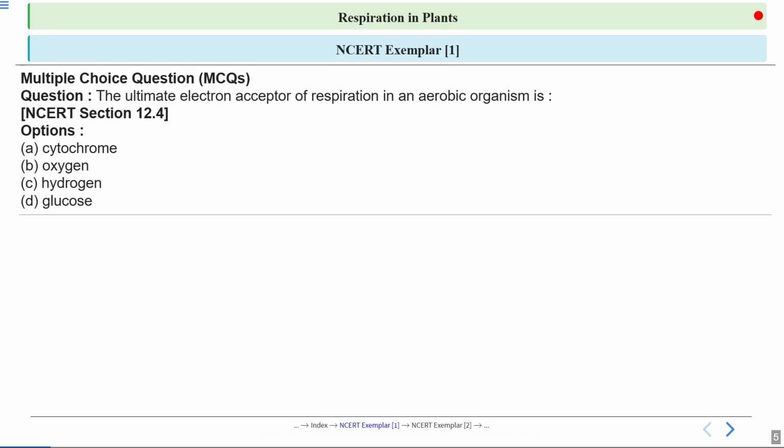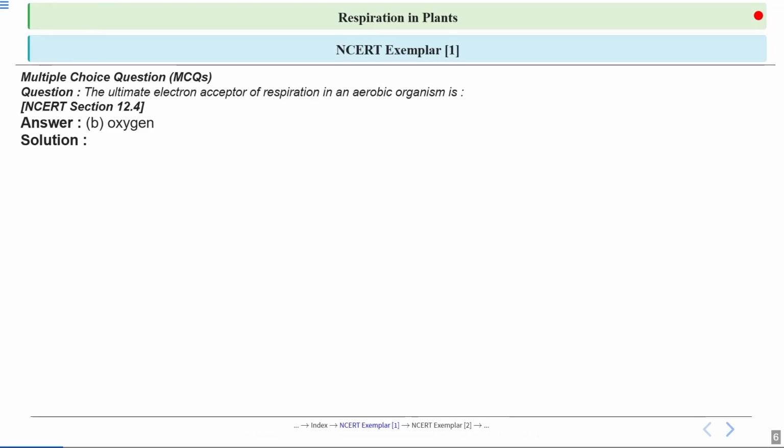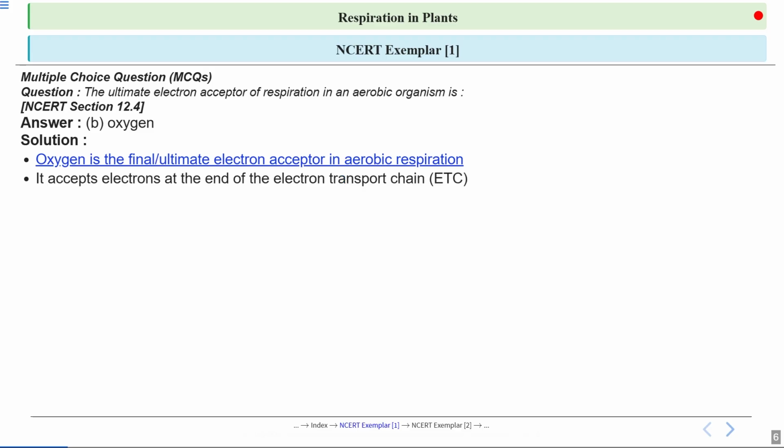So let us look at the answer. The answer is B oxygen. Oxygen is the final or ultimate electron acceptor in aerobic respiration. It accepts electrons at the end of the electron transport chain.